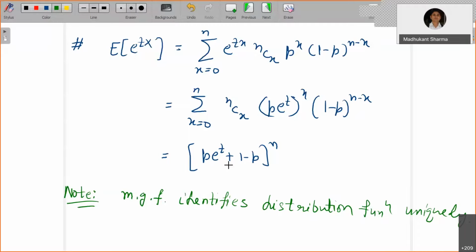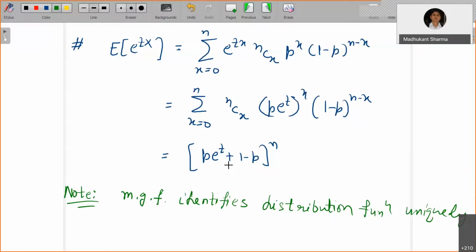Right now, when n goes large, it is not suggestible to go with nCx like this. 100C1 or 100C2 is fine, but what about 100C30, and so on. So when n goes large and the probability of success is small.